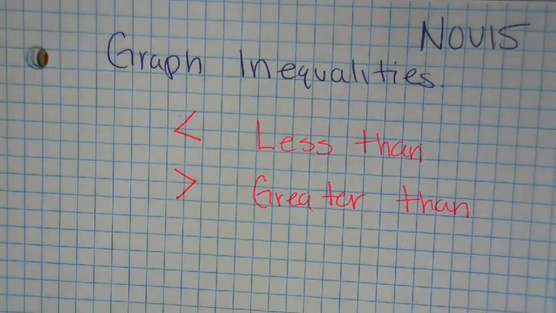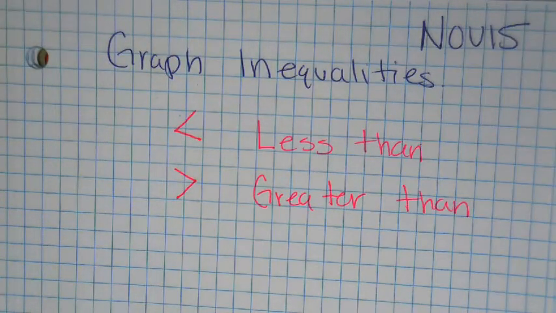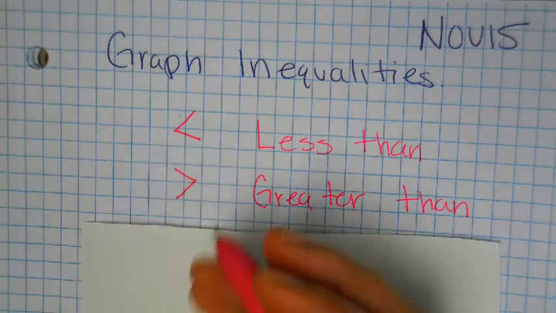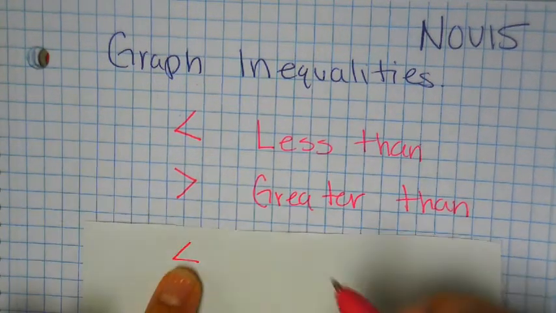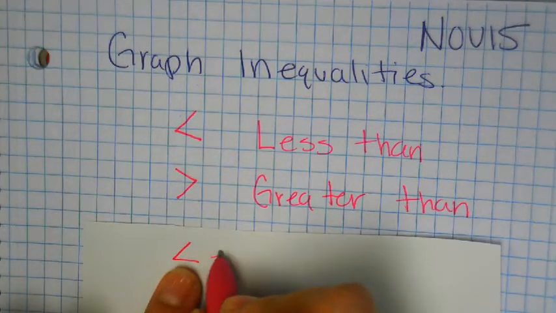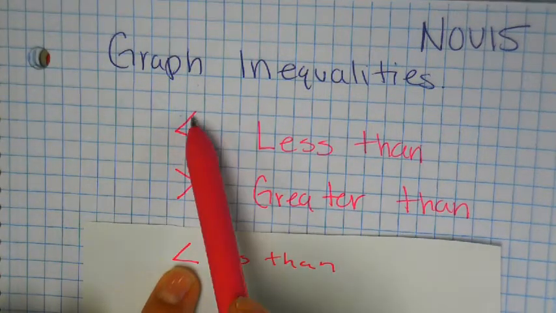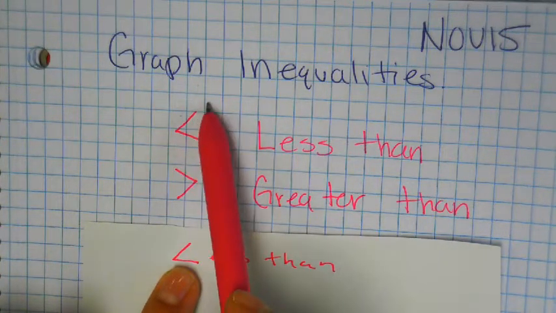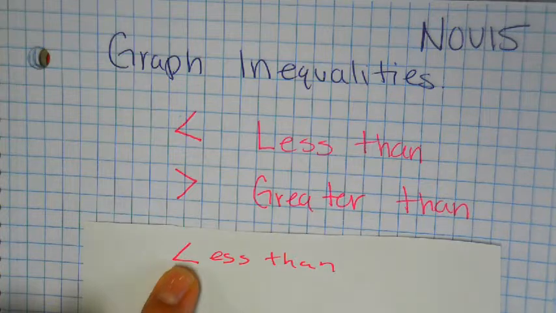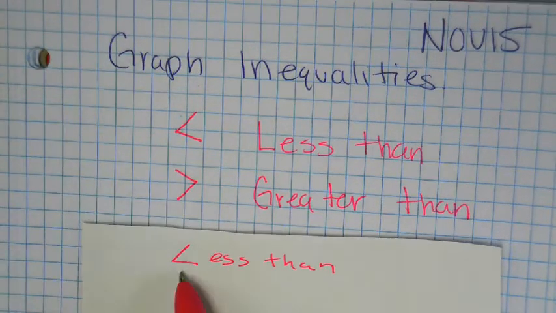Okay? The way I remember the difference between these two is the less than symbol is the one that you can actually spell less than. So the one that looks more like the L in the correct way of writing an L, I know it's kind of squished, the angle's not there. That's the less than.